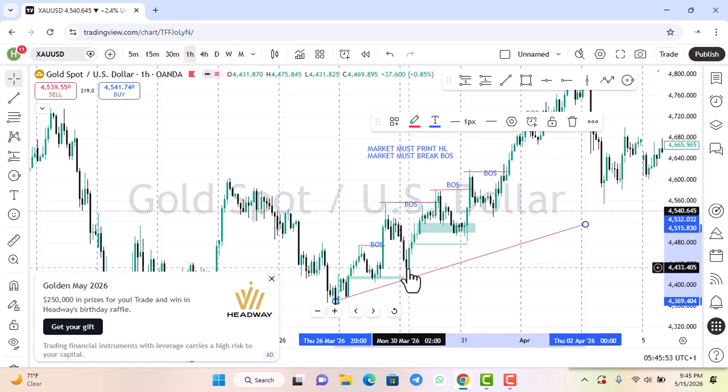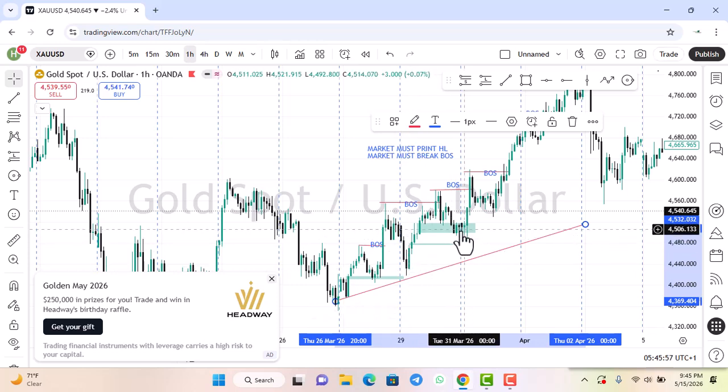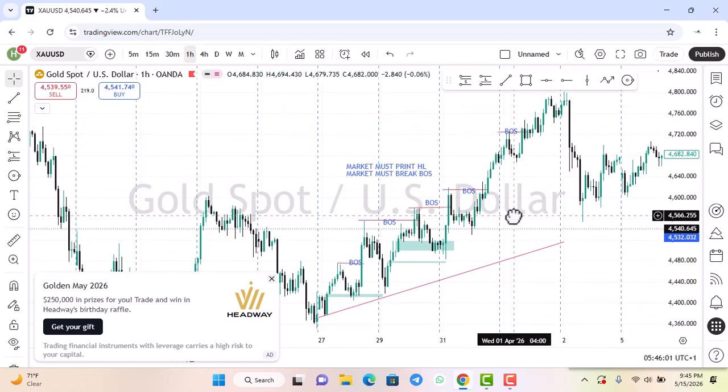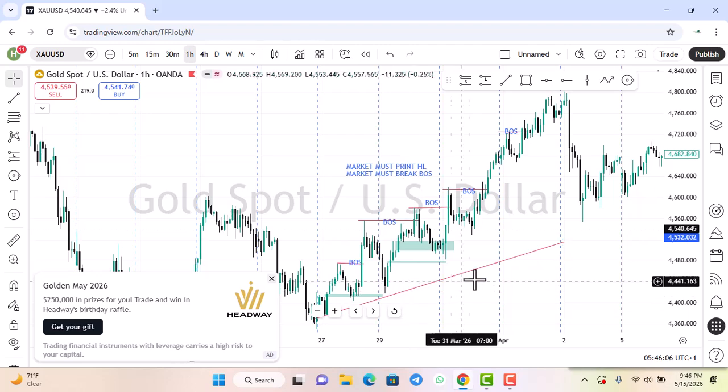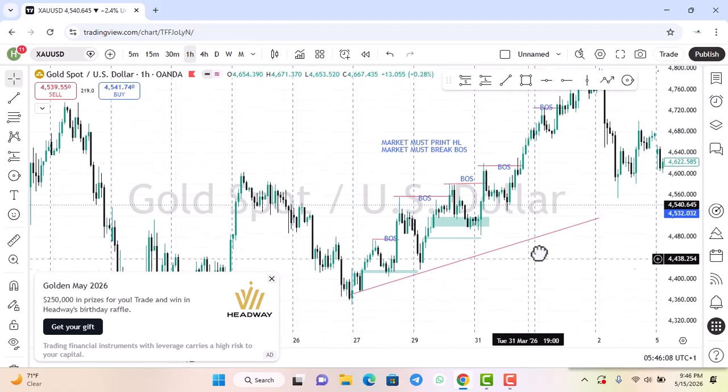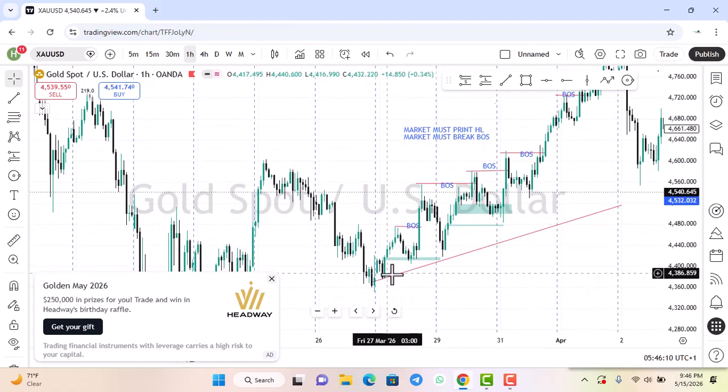This point, this is where the candle closes, and this is where the candle closes. You are not drawing from the wick of those candles. You are drawing from the body of the candles, where the candle closes. Like this point here, that's where the candle closes, not this wick. Can you see it?